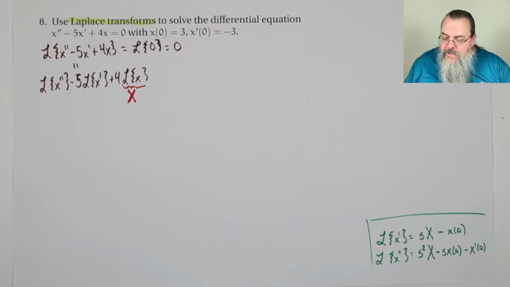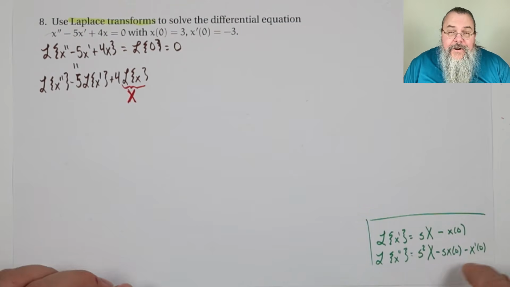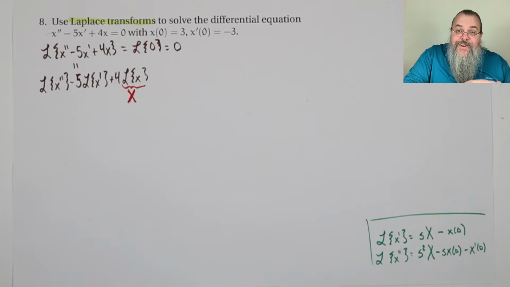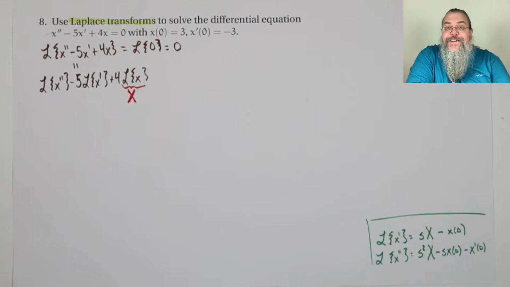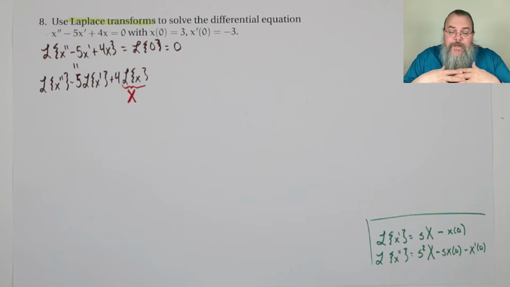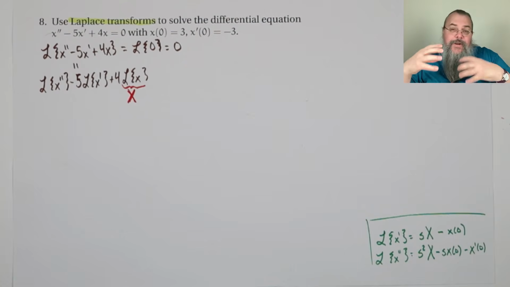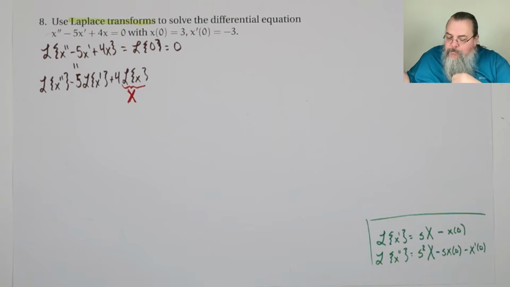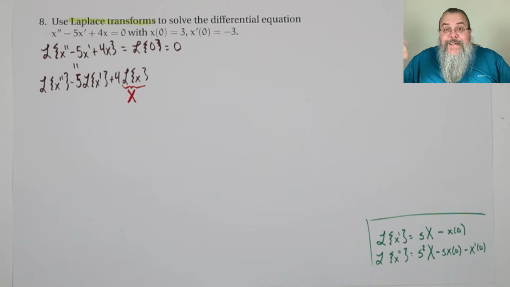And notice something. These are our initial conditions. Initial conditions come in at the start, not at the end. It used to be that when we solved the differential equation, we would wait till the very end, and then say, okay, now let's worry about initial conditions. Here we're not going to do that at all. We're going to put them in at the start, and then they take care of themselves. So that's an interesting thing.